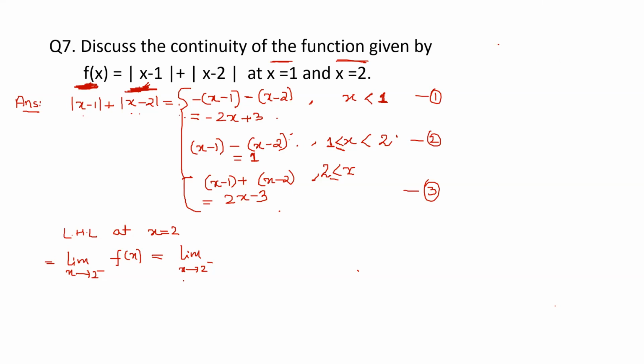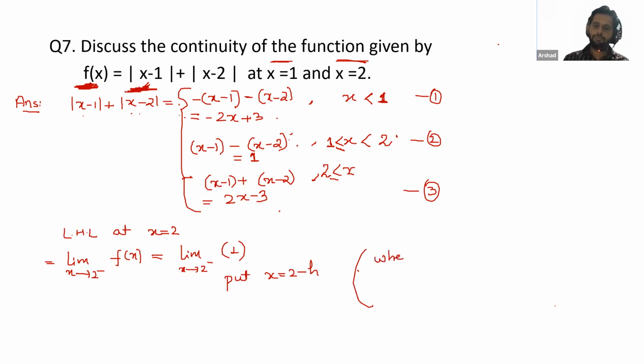For the second. Okay. So 2 minus means we are approaching from the left side, so the value is slightly less than 2. And you can see here in the second, the value is less than 2, so we have this function 1. So what is the method? Put x is equal to 2 minus h. In the bracket always write that h tends to 0 when x tends to 2 minus.